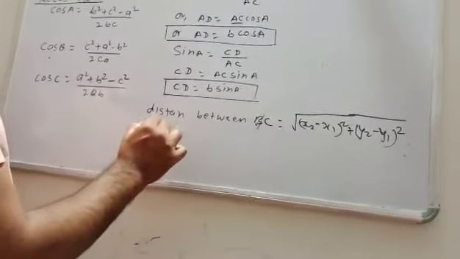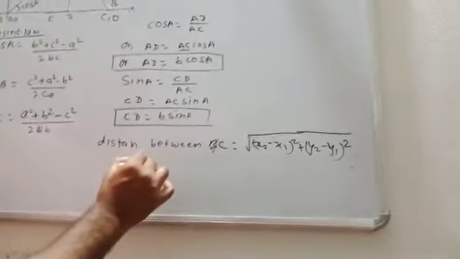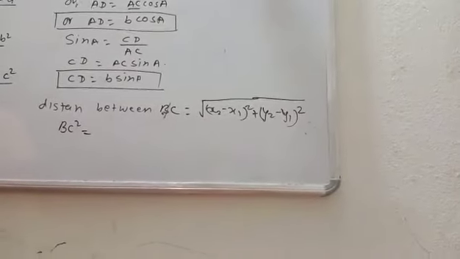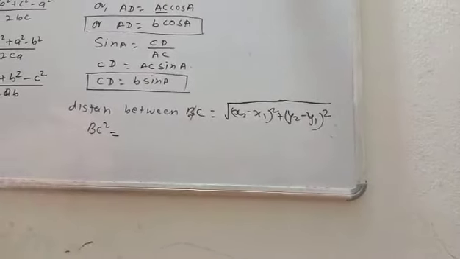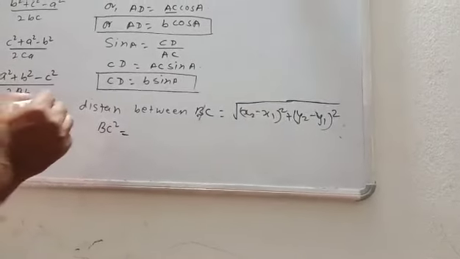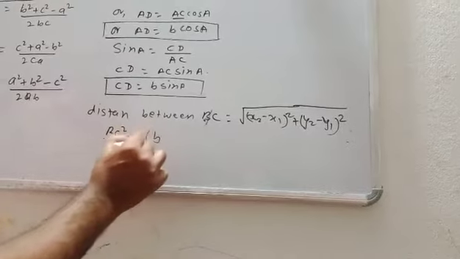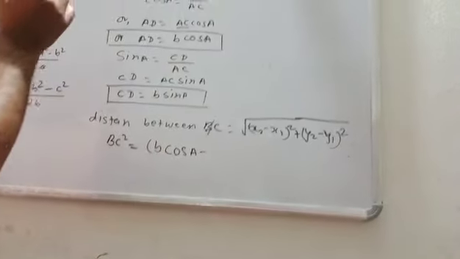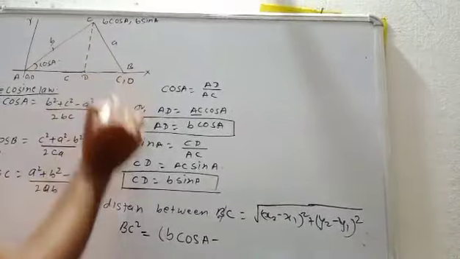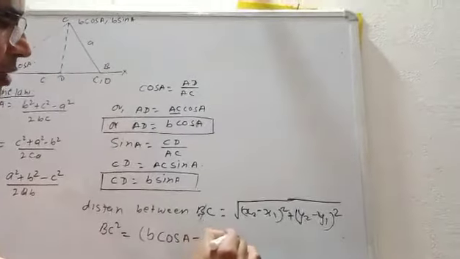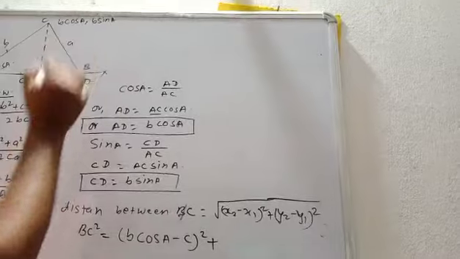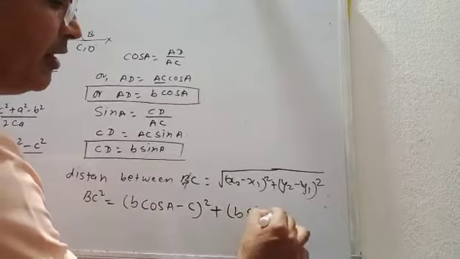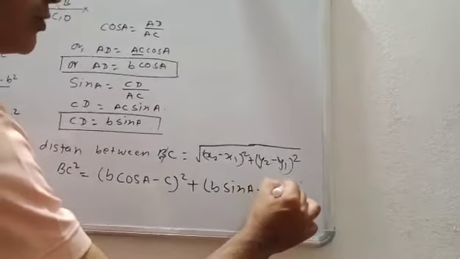We have BC square is equal to (b cos A minus c) whole square plus (b sin A minus 0) whole square.